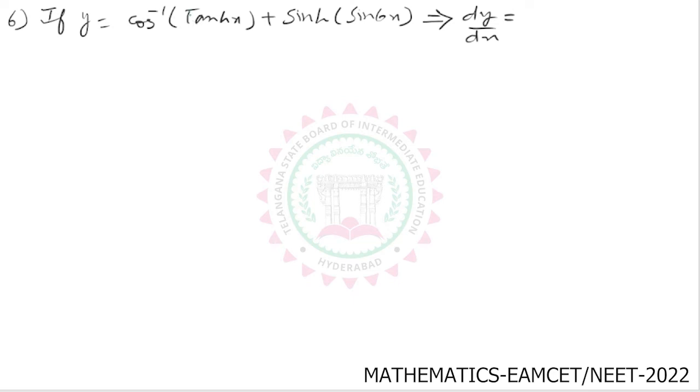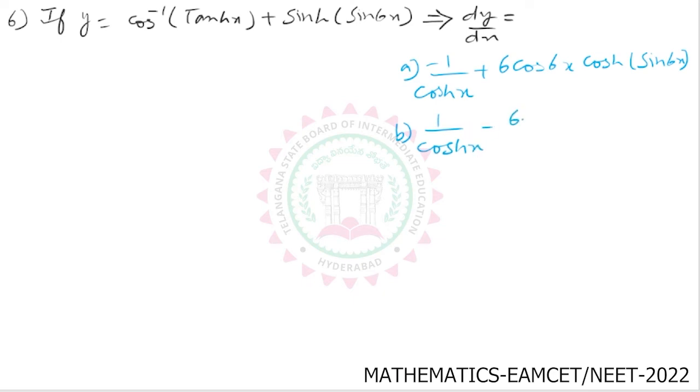so lengthy here, but I have to write so that it will be a clear picture to you. The first option is minus 1 divided by cos hx plus 6 cos 6x into cos of sin 6x. Second option is 1 by cos hx minus 6 cos 6x into cos of sin 6x.